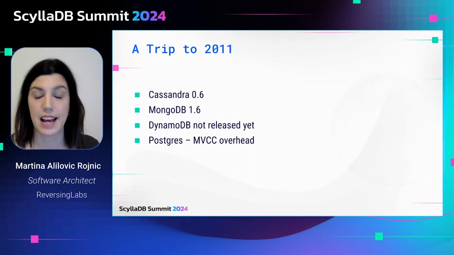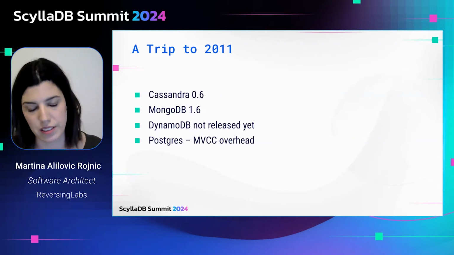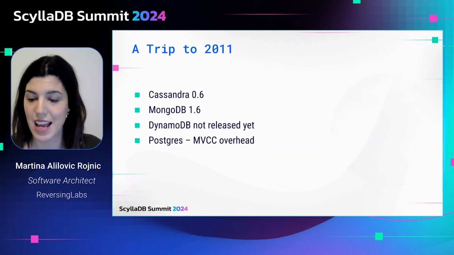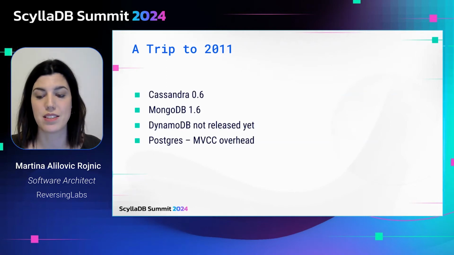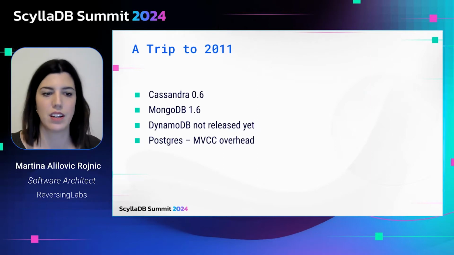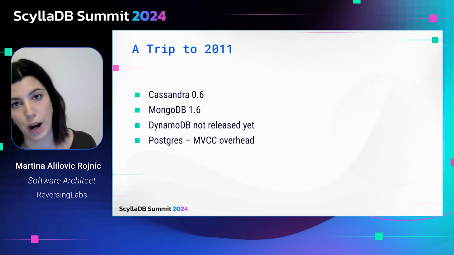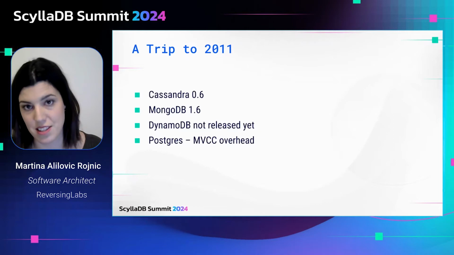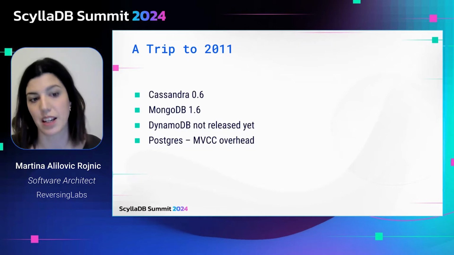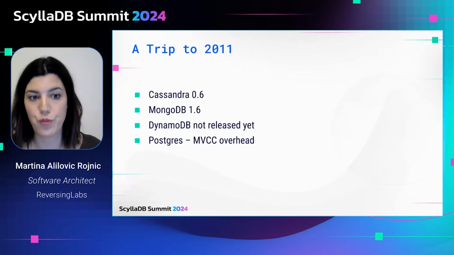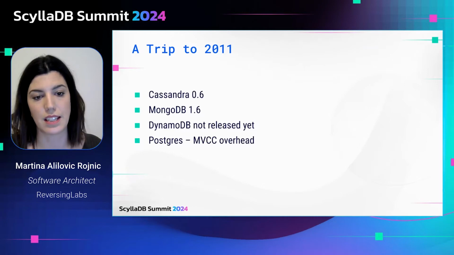At the time, we had Cassandra, developed internally at Facebook, with version 0.6. It lacked row level isolation in 2011. MongoDB was at version 1.6. Mongo had consistency issues between replicas at the time, and a couple of versions later also. And DynamoDB was not released yet, so it was a very limited market.